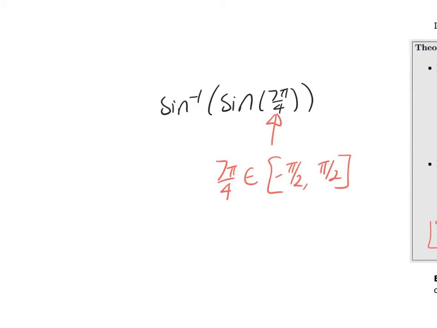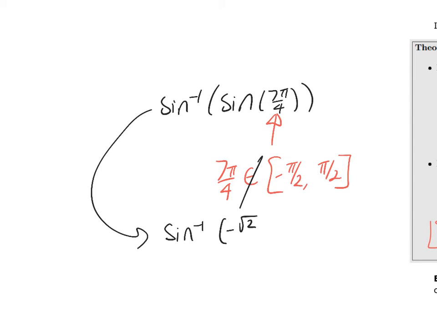Is that true? And the answer is no, it is not true. 7 over 4 is not a fraction within negative 1/2 and 1/2. It's not there. So what you do is you tell me what the sine of 7 pi over 4 equals.